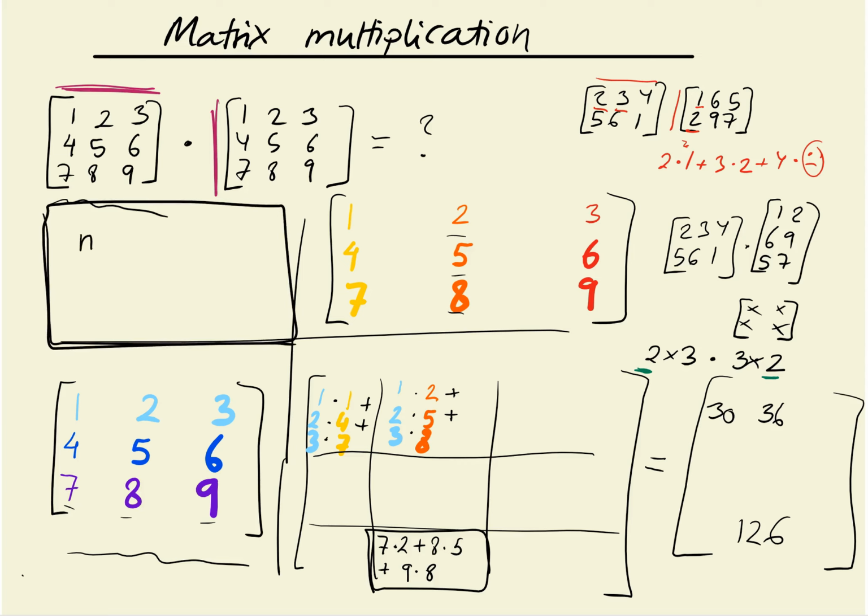If I have an n by m matrix that I'm multiplying by a p by q matrix, then m and p should be the same number, and the result is an n by q matrix. Well, that's it for now.